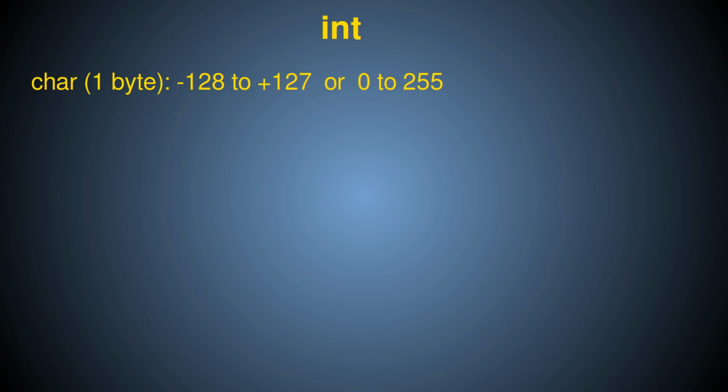We've seen that the char data type can be used to store integers in the ranges -128 to +127, or 0 to 255. But what if you need to represent an integer larger than that? Well, for those values, you need a data type that is more than 1 byte long. C provides several such data types, which are variants of a basic data type called the int, which is short for integer.